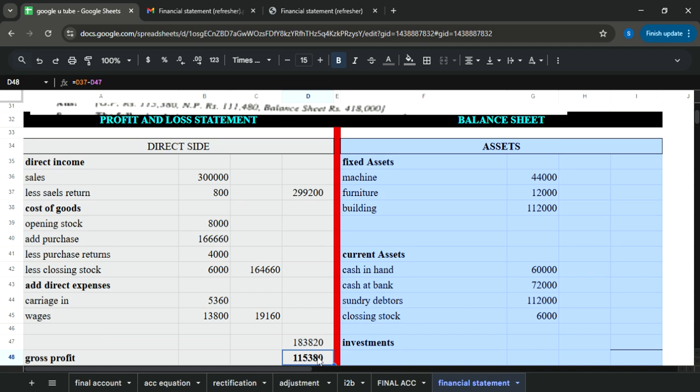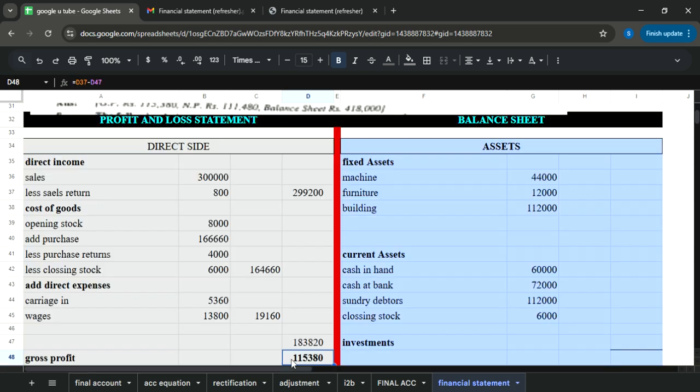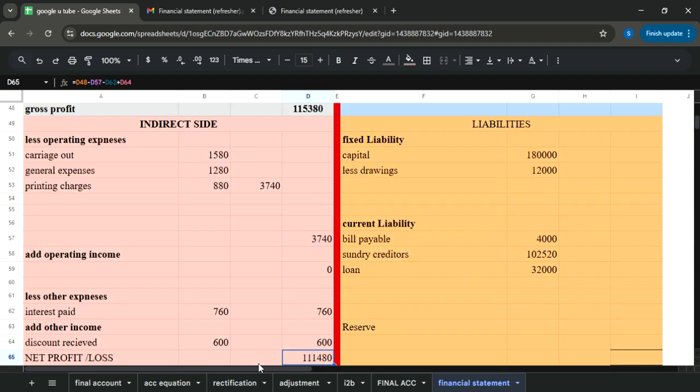115,380 is your gross profit, and look at here, gross profit 115,380, and our answer is matched. Second answer is net profit 111,480, and here your final answer net profit 111,480 is also matched with the answer given in the book.